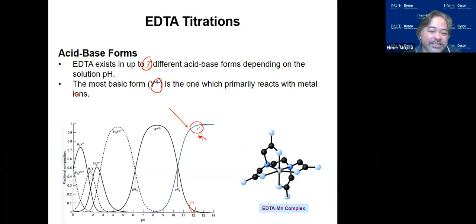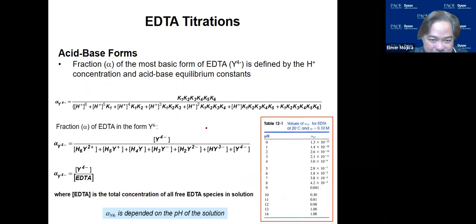Why did we use pH 10? Anyone want to answer? Why did we use pH 10, or basic pH? Because we want it to be in this form. Okay? At that form, that's the only form wherein they will bind with the metal.